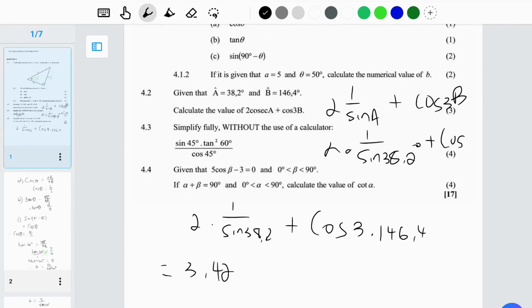So that would be the value of the question, which was 2 cosec A plus cos 3B.